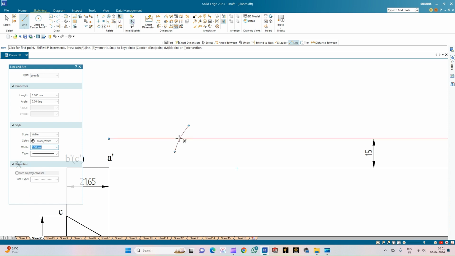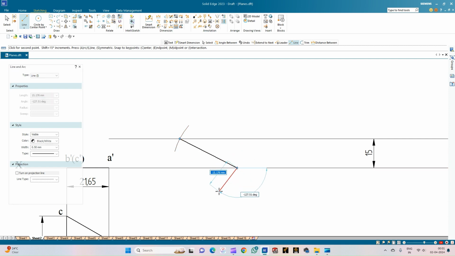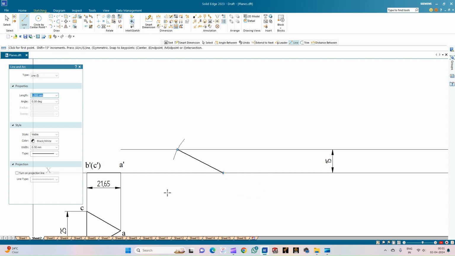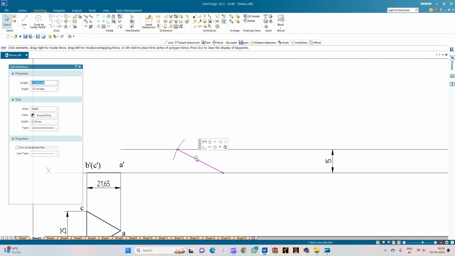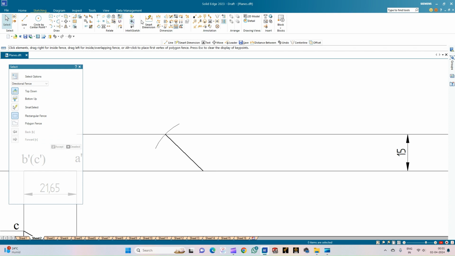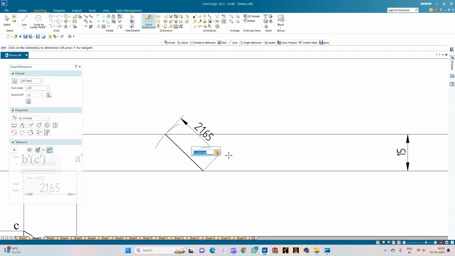From the point of intersection, we will meet it at the center of the arc. So this is the length of the arc, which is 21.65.